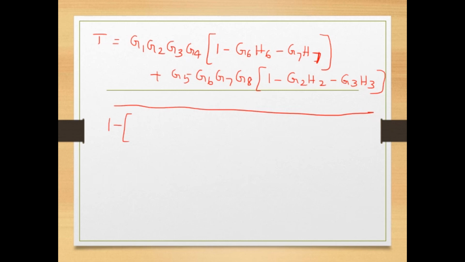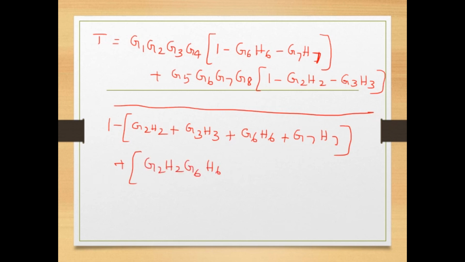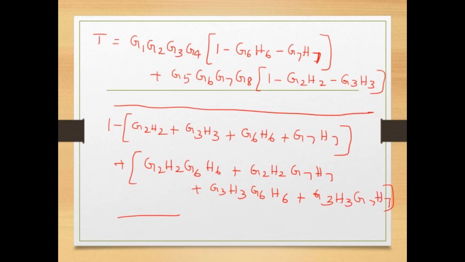Delta is 1 minus L1, which is G2H2, plus L2 which is G3H3, plus L3 which is G6H6, plus L4 which is G7H7, plus the two non-touching loops: G2H2 G6H6 plus G2H2 G7H7 plus G3H3 G6H6 plus G3H3 G7H7. So this is our total transfer function.